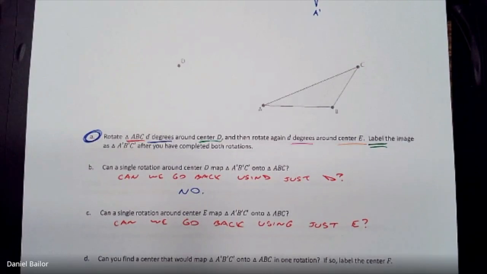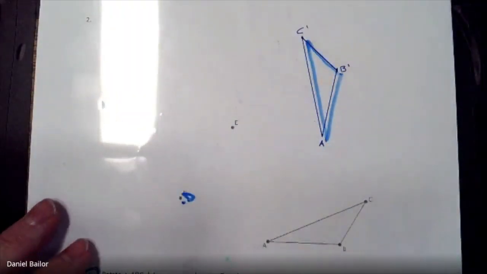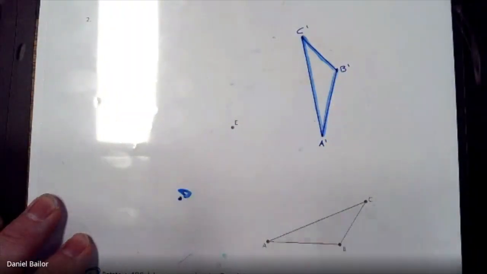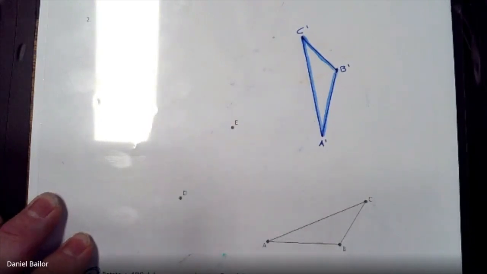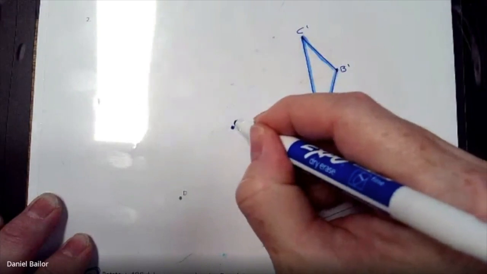Write down your prediction and tell me, do you think you can go back if you just use point E? Make a quick prediction. Pause the video if you have to. But let's test it. Let's erase the D because we don't need that anymore, since we're testing to see if we can go back with just E.